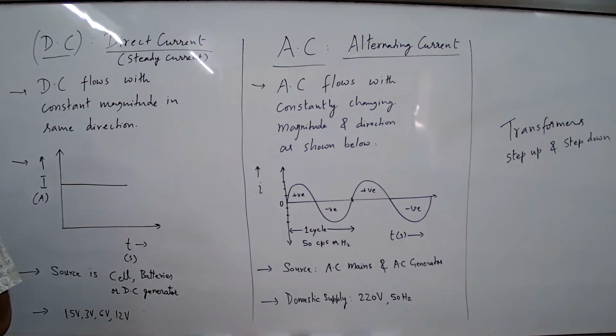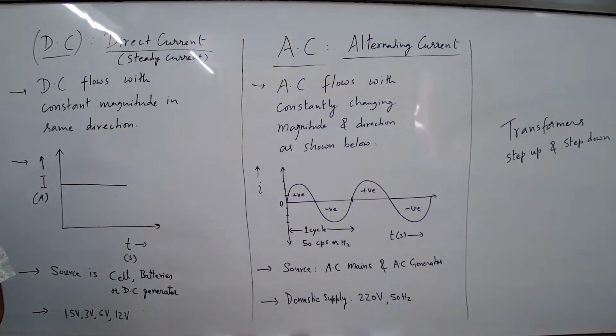If it is long distance transmission, it has to be AC. DC power you cannot send over such long distance. The reason is mainly the losses associated. You have discussed the heating effect of current.